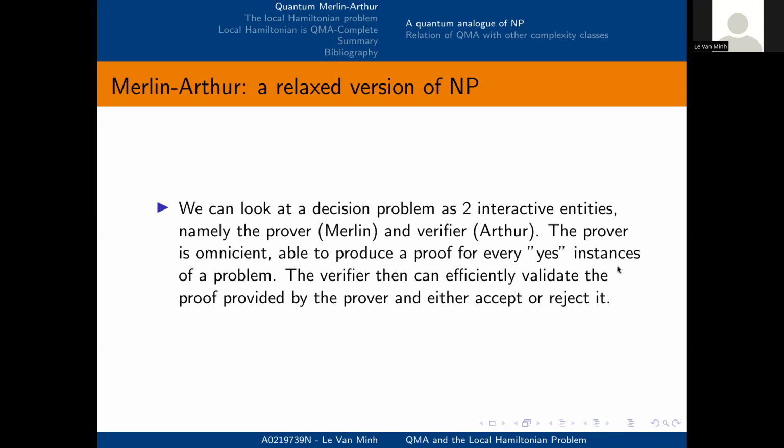Merlin is essentially an all-knowing being that can prove anything, and Arthur is a mortal who does not necessarily believe the prover. The prover is omniscient, and we assume it is able to produce a proof for every yes instance of a problem. The verifier, Arthur, can then efficiently validate the proof provided by the prover, and he can either accept or reject it.